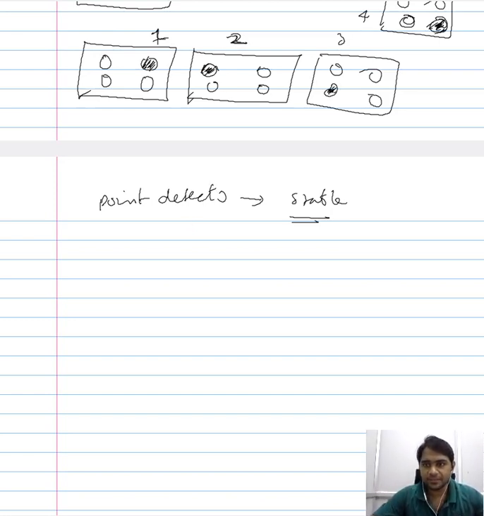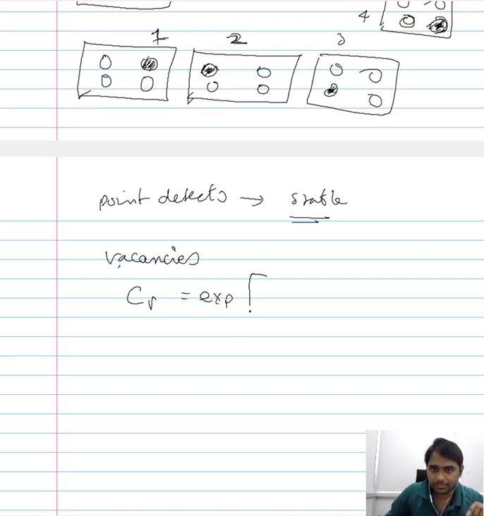Now let us see how one could express the stable concentration of this point defect. The stable concentration of a point defect at a given temperature is expressed in this manner. If we consider vacancies, the stable concentration of vacancies at a given temperature is expressed as exp of minus EV by kT.